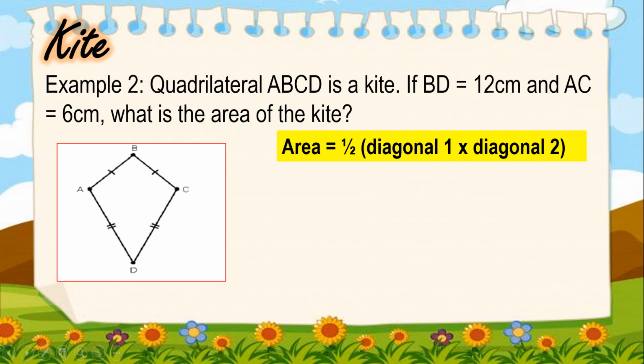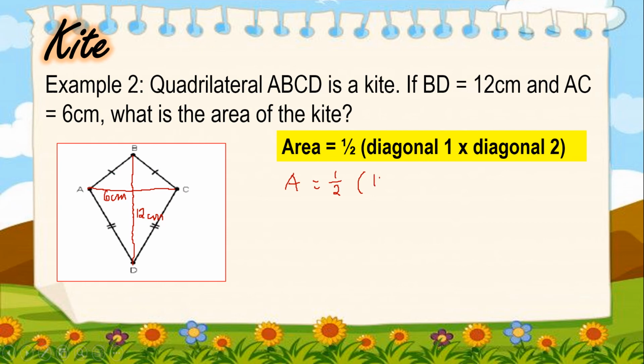Let us illustrate. The length of the first diagonal is 12 centimeters. The length of AC is 6 centimeters. So in order for us to find the area, we first multiply the length of the two diagonals.